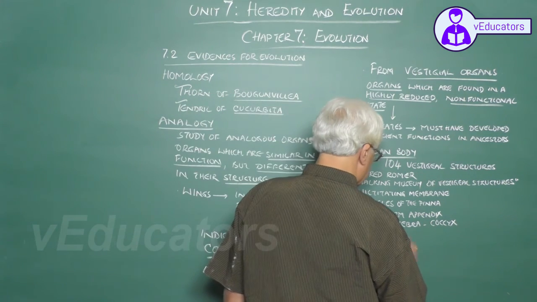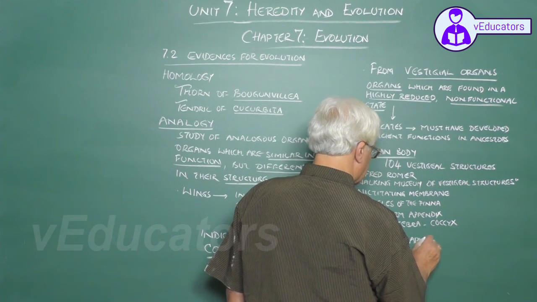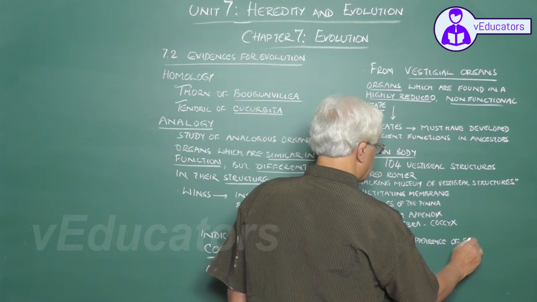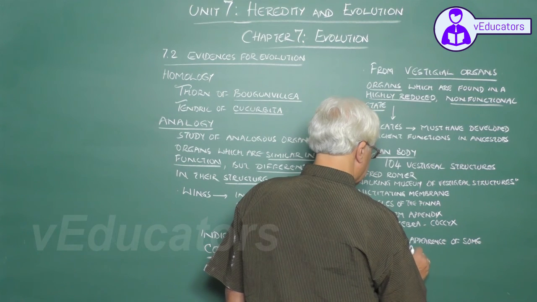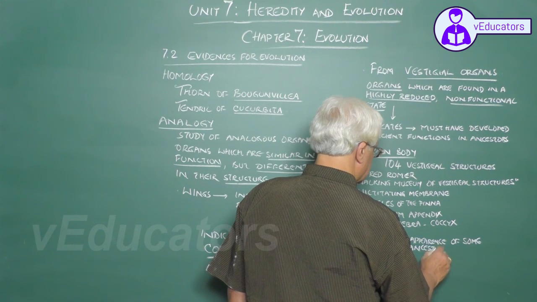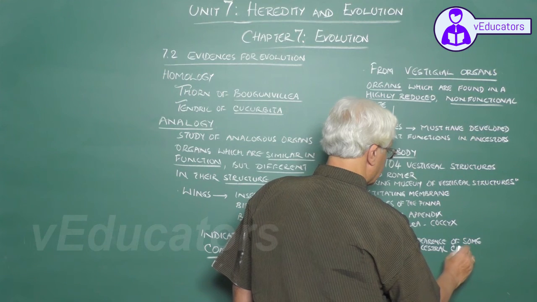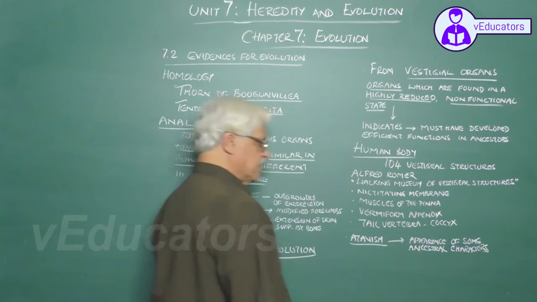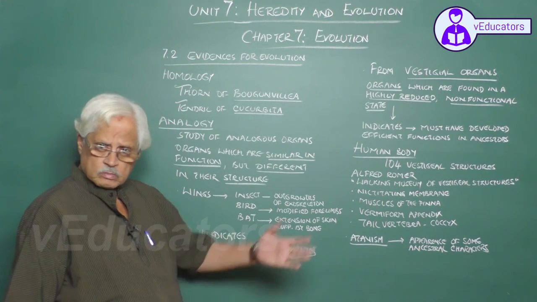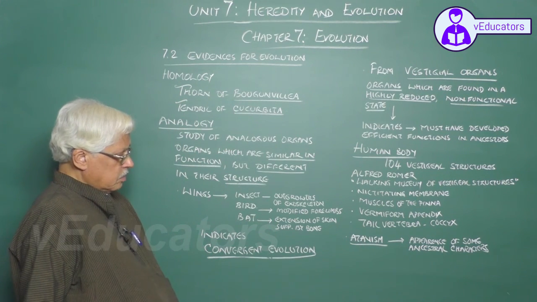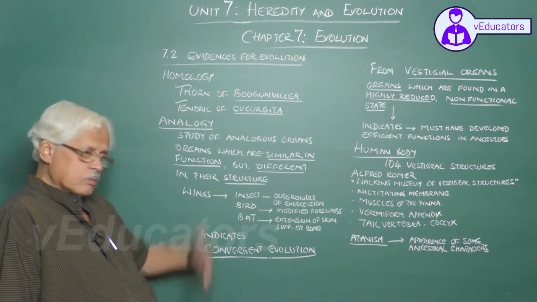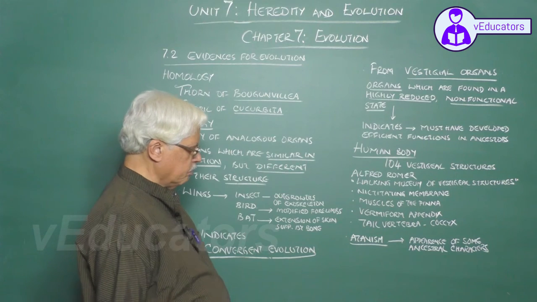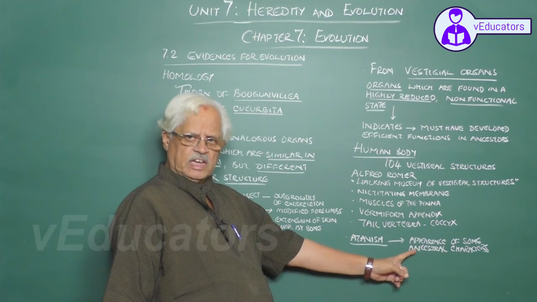Atavism is the sudden appearance of some ancestral characters, not characters directly inherited from the parent. Ancestral characters. For example, a baby may be born with a tail.